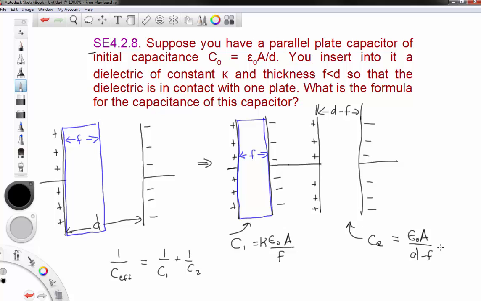So now we need to basically solve by taking some reciprocals.